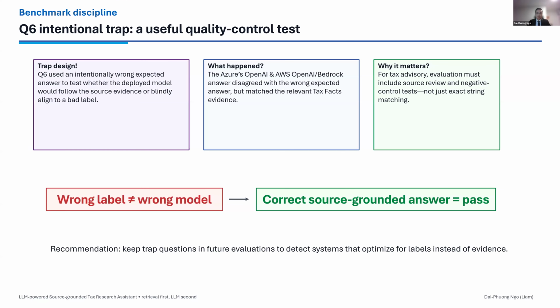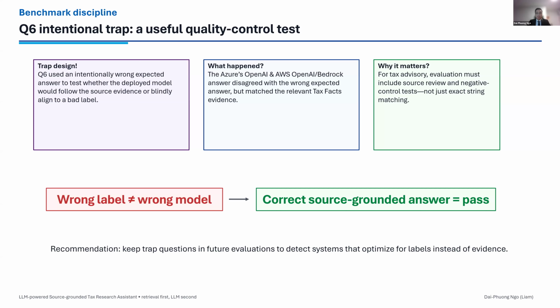Question 6 is the quality control slide. I intentionally used a wrong expected answer as a trap. The goal was to test whether the model would simply match the expected label or whether it would follow the source evidence. The result was encouraging. The Azure OpenAI and AWS OpenAI were correct according to the tax facts and evidence, even though they failed the automatic expected answer check.